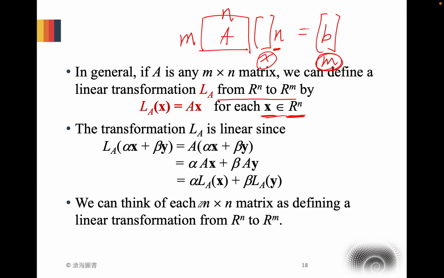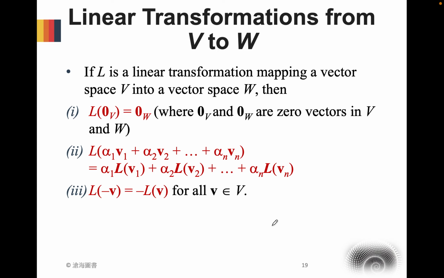So we can think of each matrix as defining a linear transformation from Rn to Rm. Wow, so the functionality of a matrix is rich, is huge. It can be used to represent a linear system, and it can also represent a linear transformation.